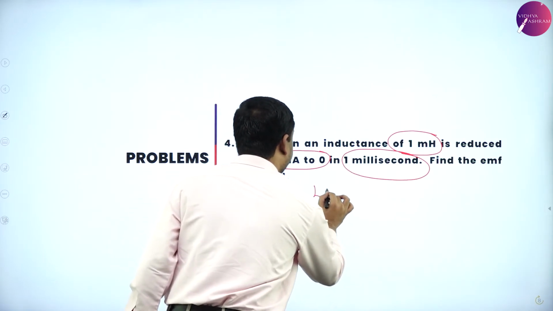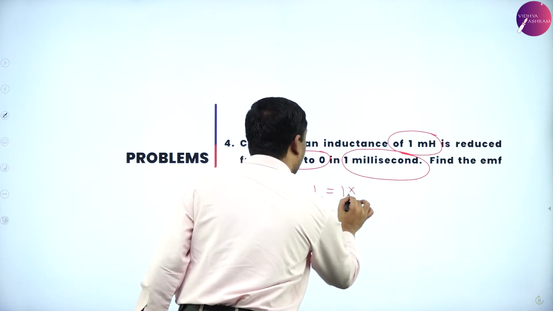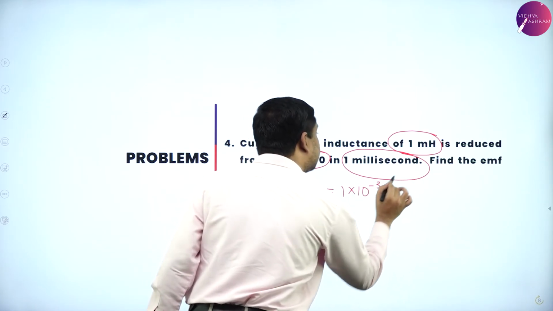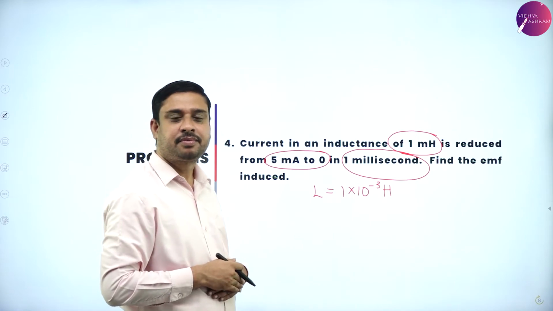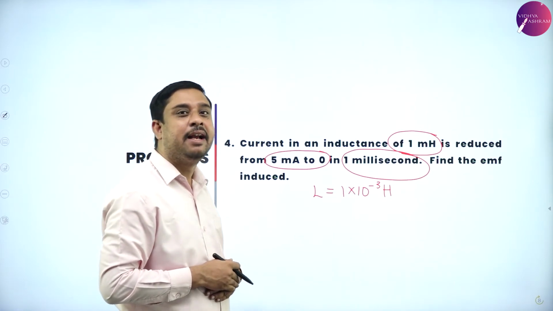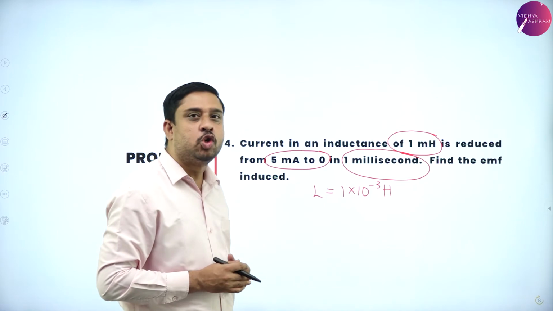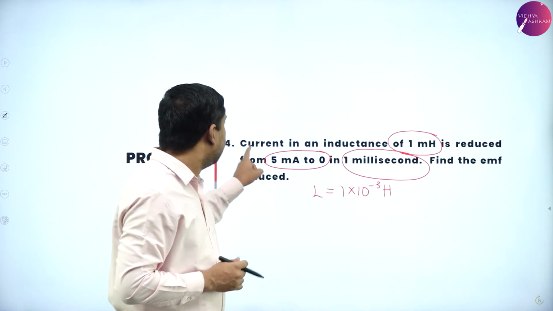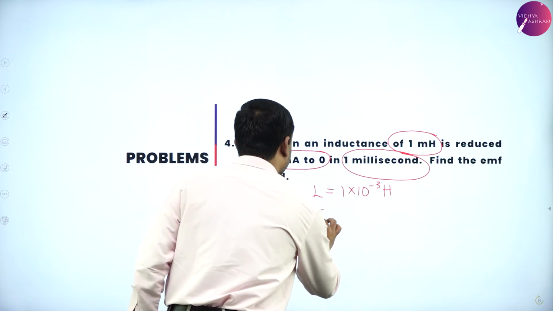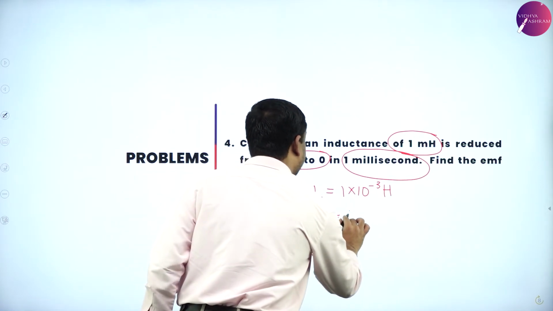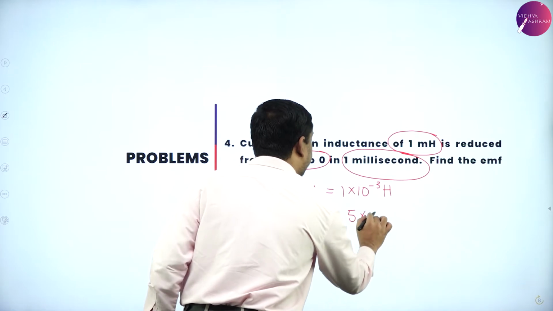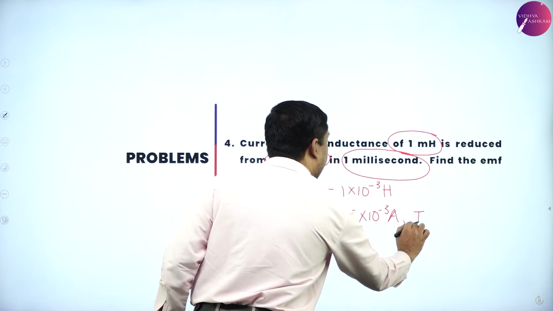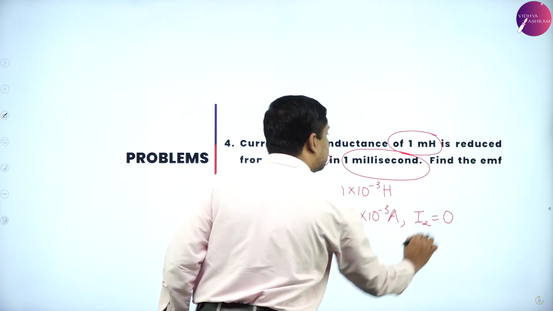So again, inductance is 1 into 10 power minus 3 Henry. I1 is 5 into 10 power minus 3 ampere and I2 is 0.